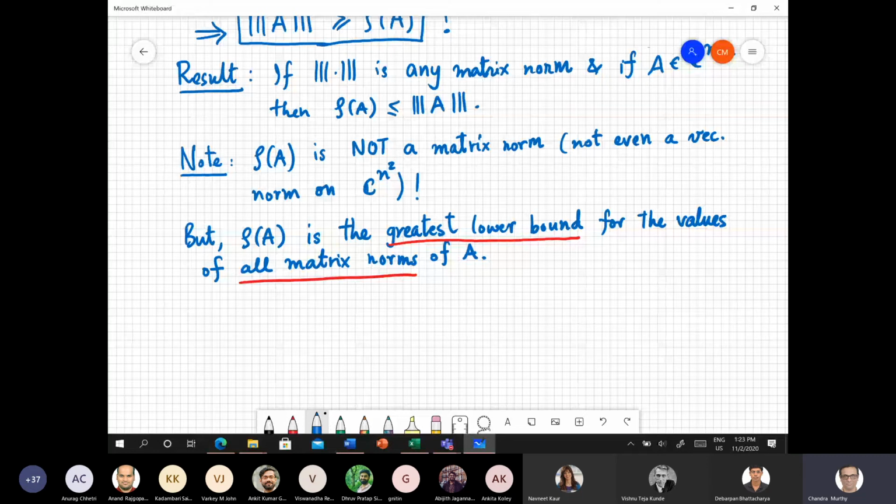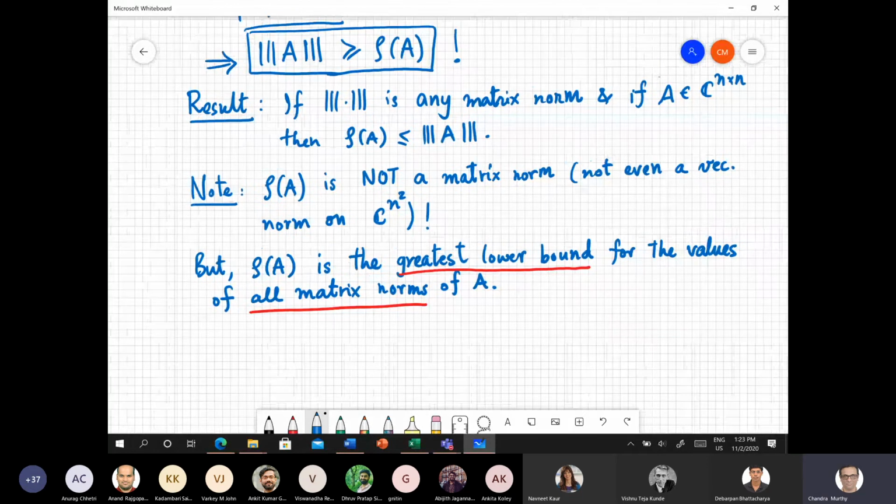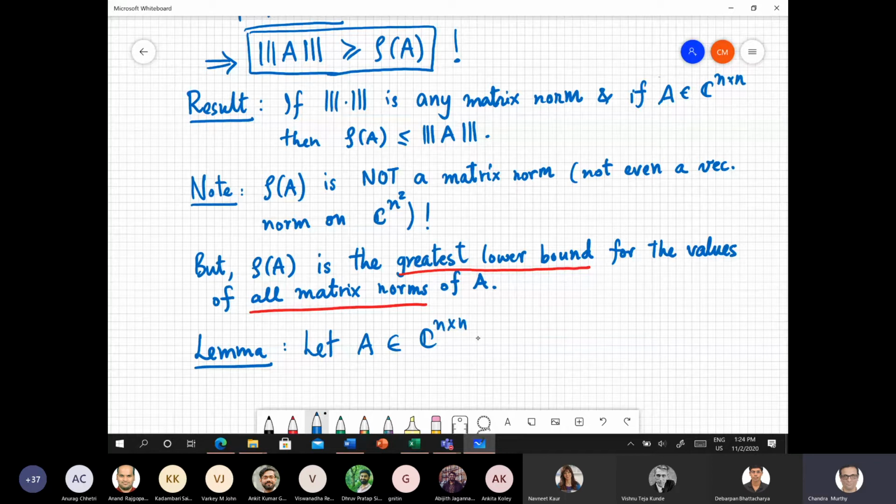But right now I want to say that rho of A is a lower bound on any norm on the matrix A that you may choose to define, and in fact you cannot find a better lower bound. This is the greatest lower bound, and that is because of the following lemma. Let A be a matrix of size n cross n, and epsilon be some small number which is strictly greater than 0.